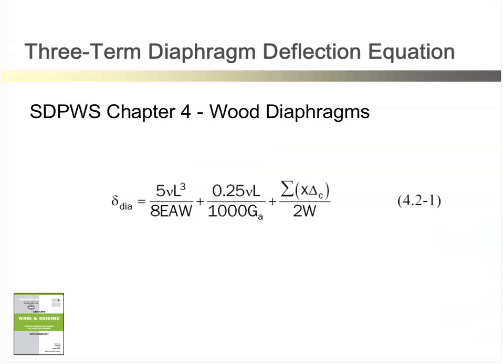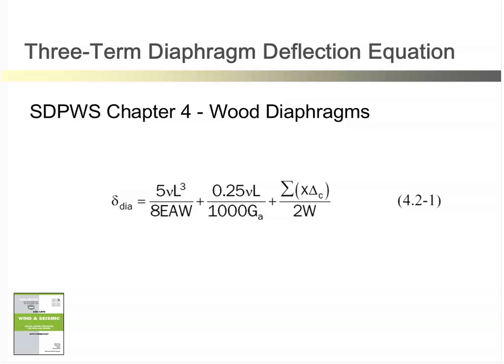So we'll jump right into Chapter 4 of the Wind and Seismic Standard, which provides the three-term diaphragm deflection equation that is an algebraic simplification of the 4-term equation that you see in the International Building Code. And we'll talk more specifically about that simplification and how we got there.